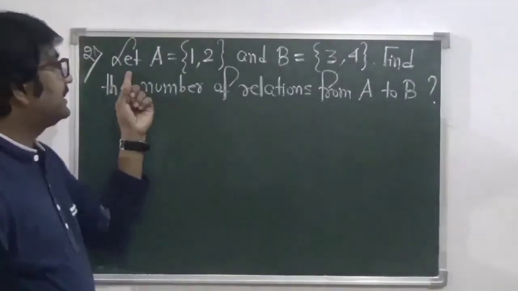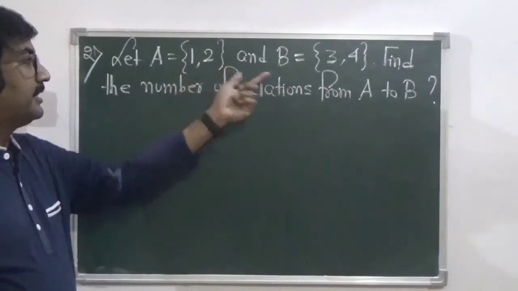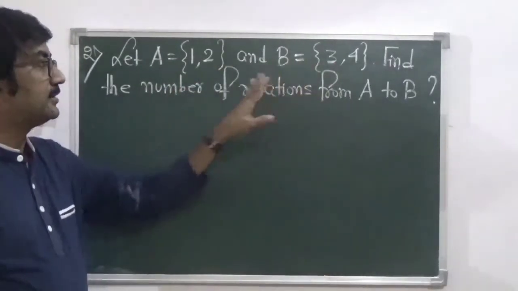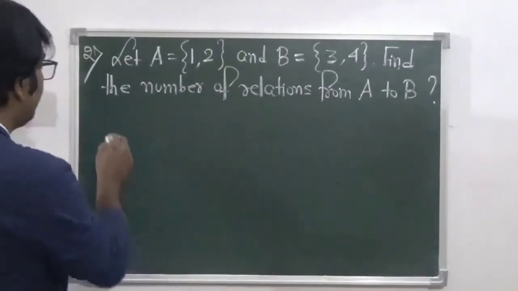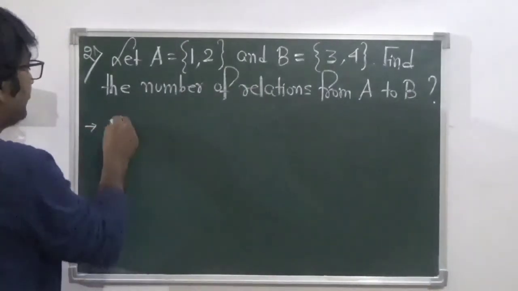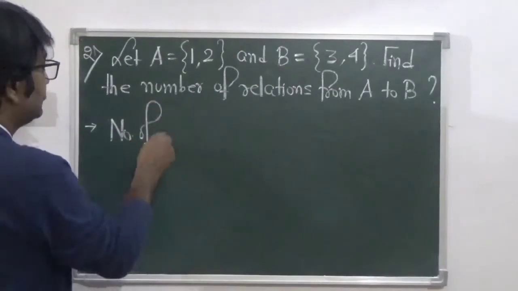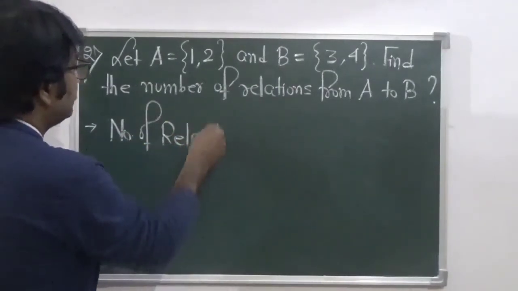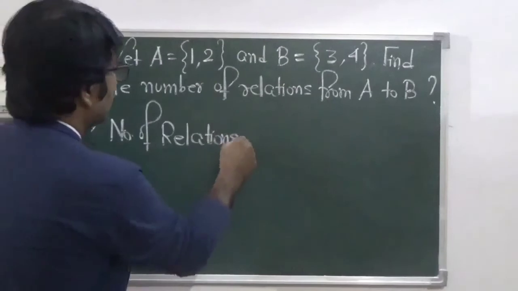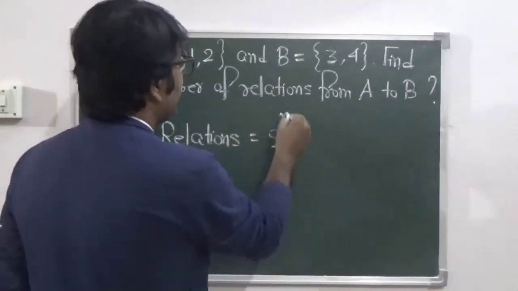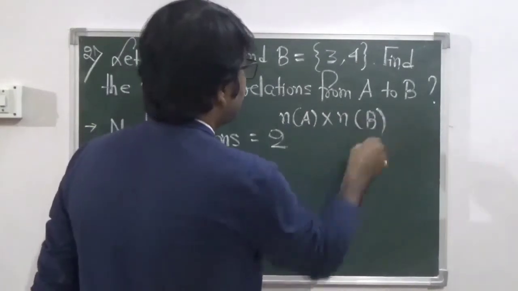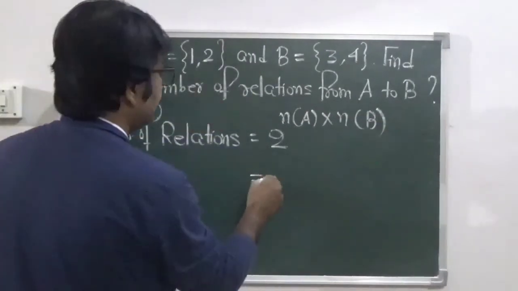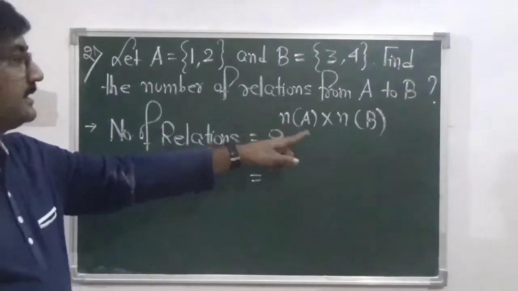Here let A equal 1, 2 and B is 3, 4, the two sets. Find the number of relations from A to B. We have discussed already that the number of relations is given by 2 power the number of elements in set A multiplied by the number of elements in set B. What is the total number of elements present in set A? 2.